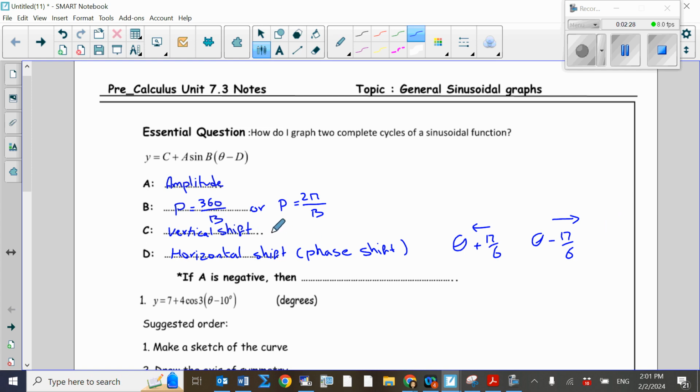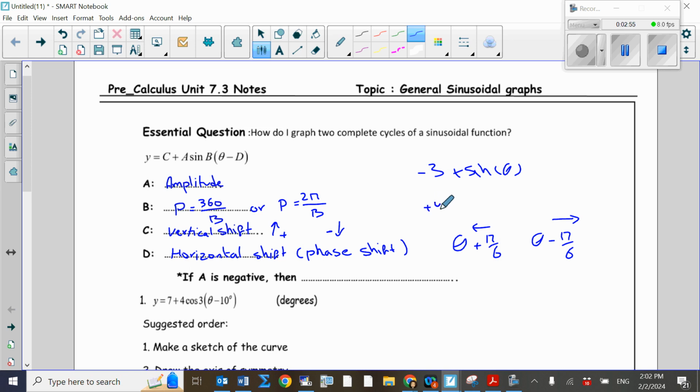For vertical shift, if the number that you're adding to the function is positive, it's going to move it up. But if the number that you're adding to the function is negative, then it's going to move your function down. So for example, if I have -3 plus sine of theta, this is moved down.